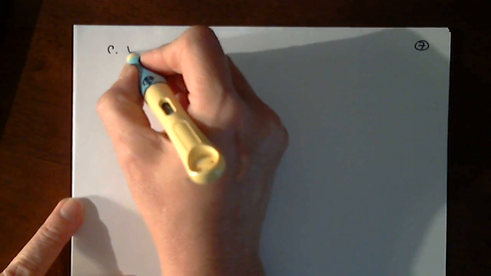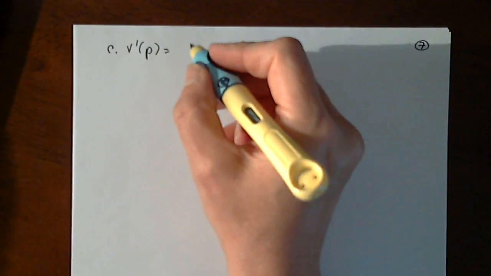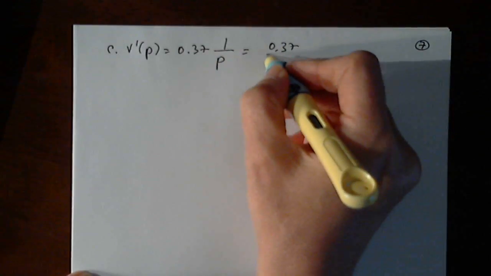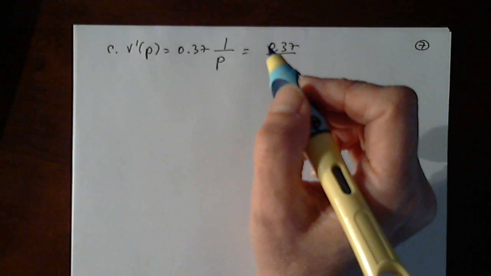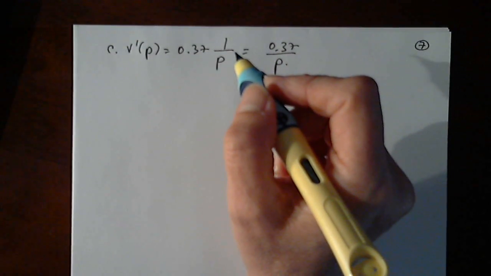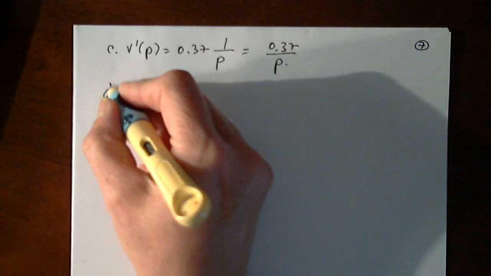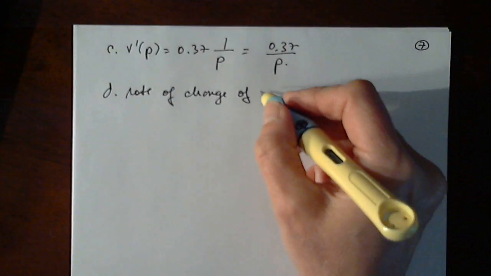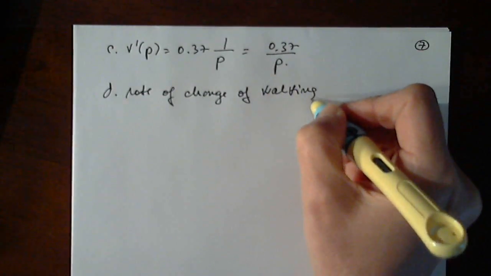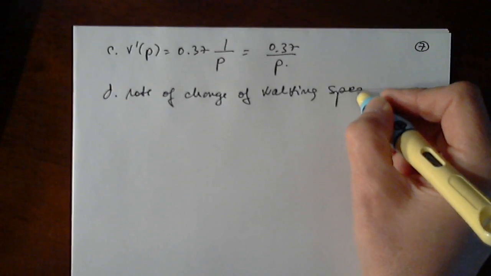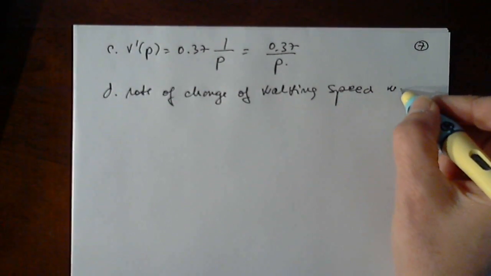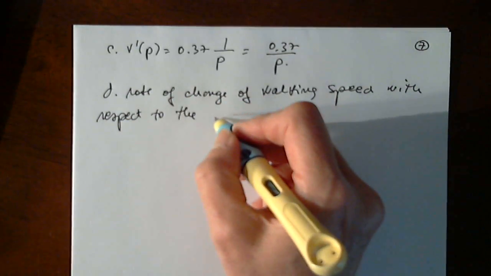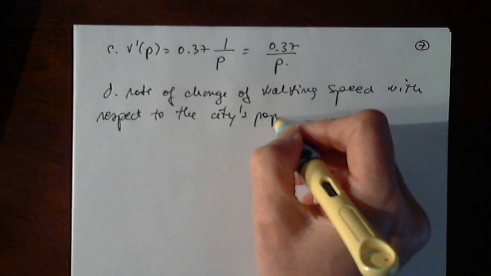So part C, V prime of P, and that is 0.37 times 1 over P, and that's it. 0.37 over P. Interpret V prime of P found in part C. It is the rate of change of walking speed with respect to the city's population.